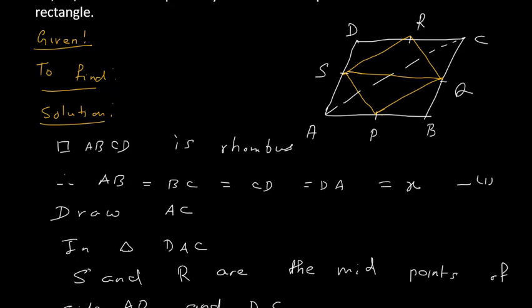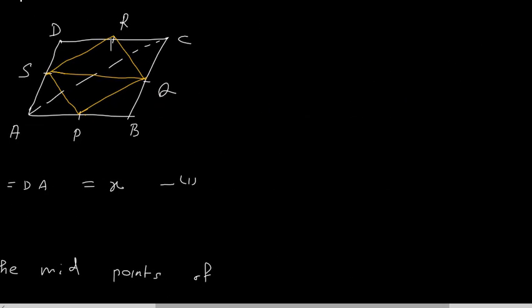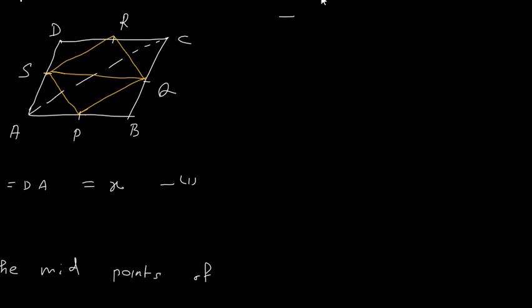Now in quadrilateral SQCD, we know that SD is equal to QC and they are half of x. This whole side AD is x, this whole side BC is x.